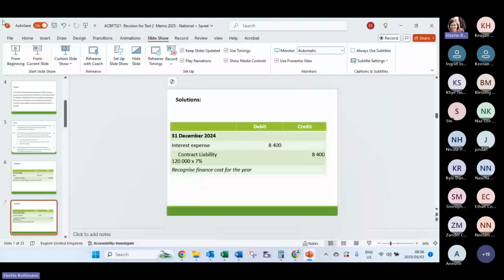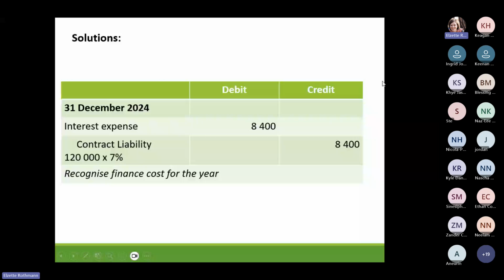Now on 31 December 2025, that is also the date that they do their obligation. So they actually deliver on their obligation. But before we can recognize revenue, another year has passed, meaning we will be charged interest for another year.